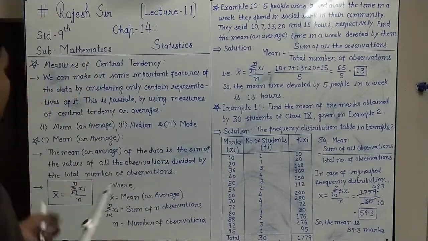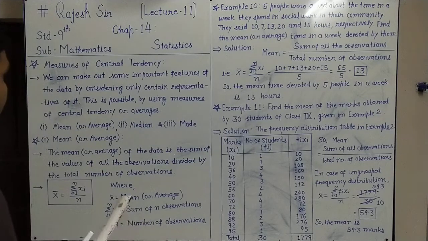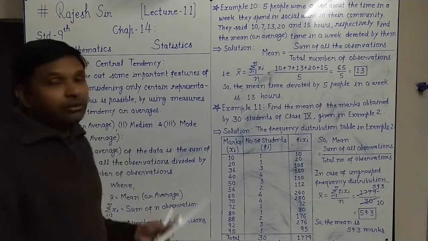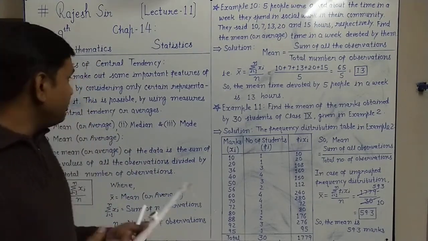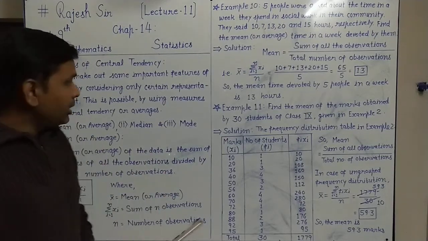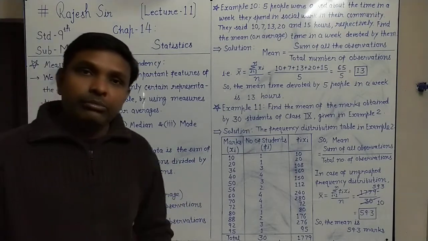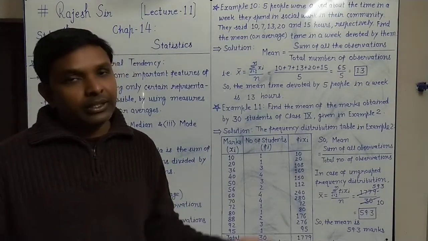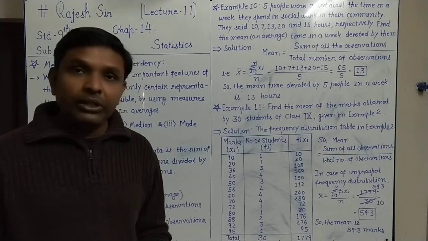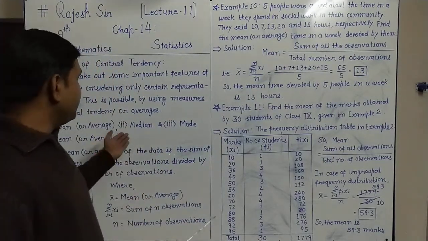It is actually the representative of the whole data, and the representation is of three types: mean, median, and mode. In this lecture we understood the mean, so I suggest you write it all down and understand it all. Based on this, we will see mean-type questions in the exercise, and it will be your homework, but we will do that after understanding median and mode also.